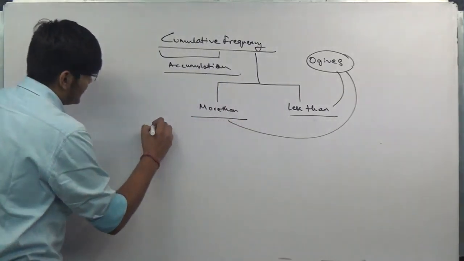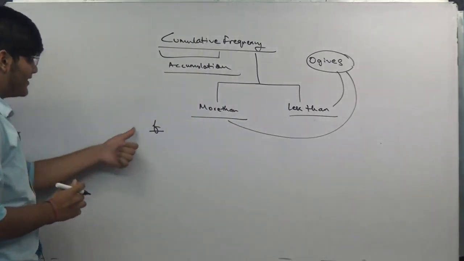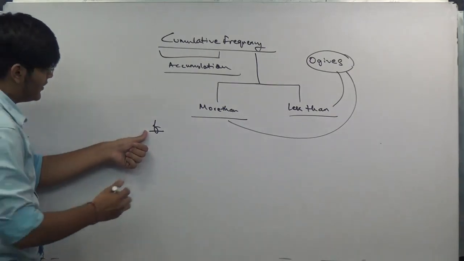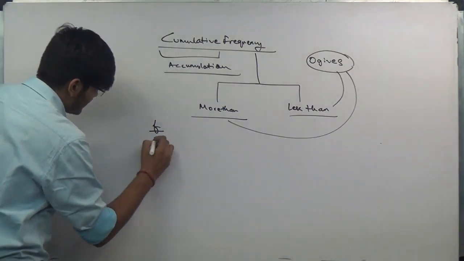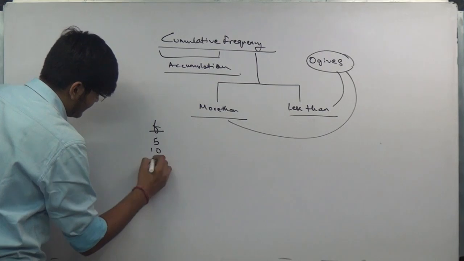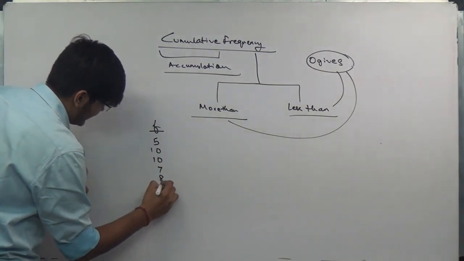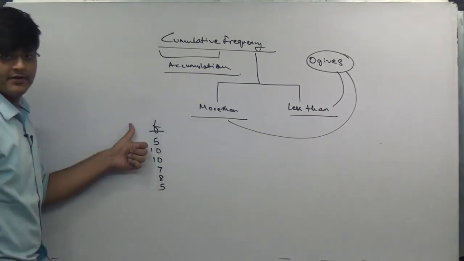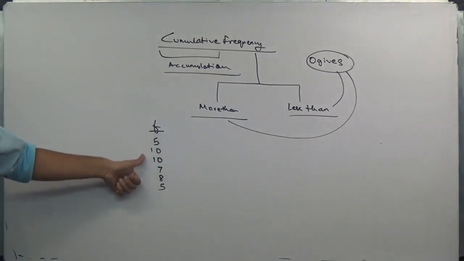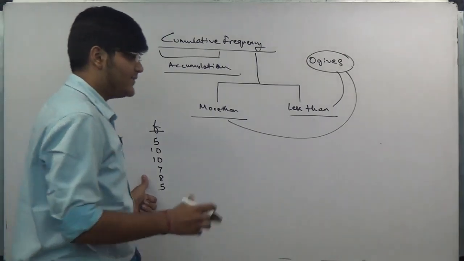For example, the frequency, denoted by small f, which has been given to you in your sum, is supposedly 5, 10, again 10, any figures you can take, 7, 8, and then again 5. Suppose these are the numbers that you have been given as frequency.